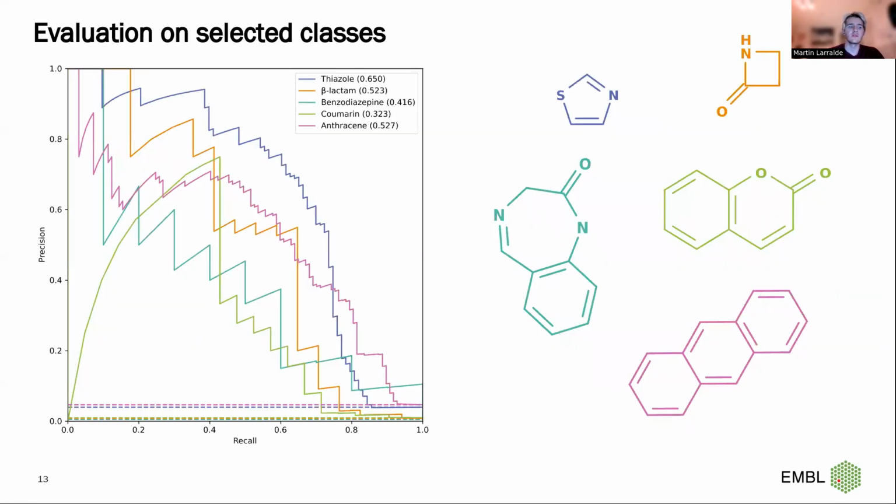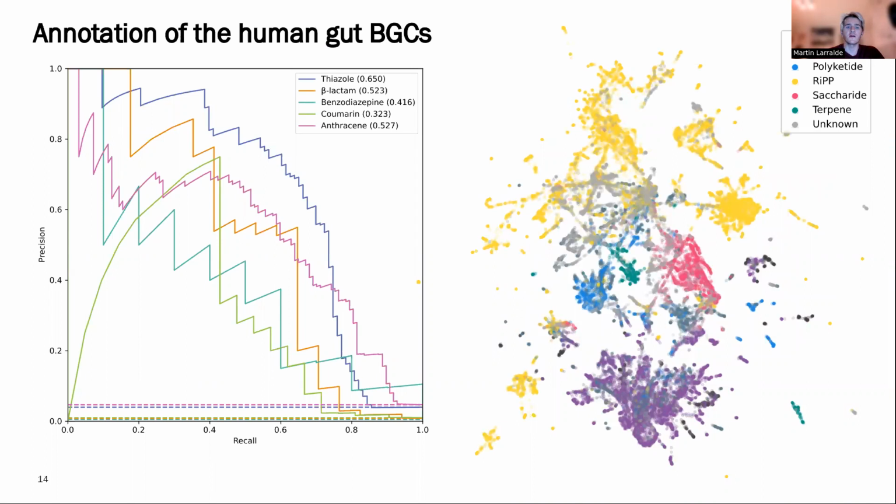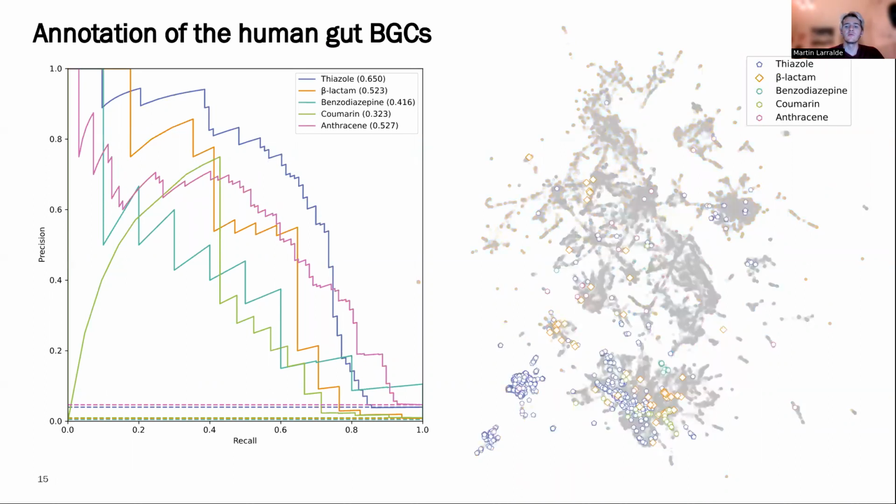For instance, if you look at the predictors for different biocycles that appear in biological molecules, we can see that our predictor is able to predict the presence of a thiazole or a beta-lactam cycle very accurately, just based on the domain composition of a BGC. This can actually be used to go back to the human gut, and instead of looking at a very coarse-grained annotation of types, we can now label our human gut landscape with a much more fine-grained annotation.